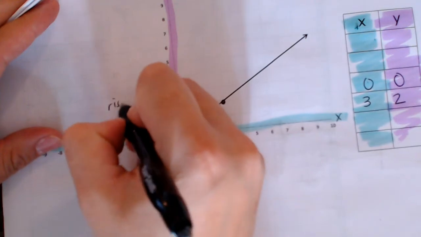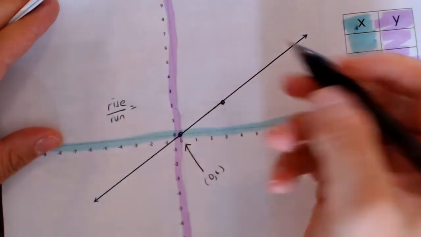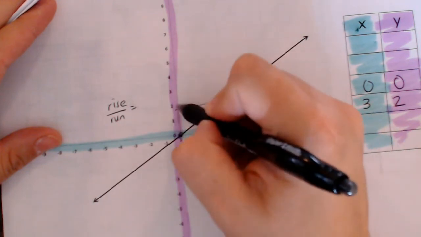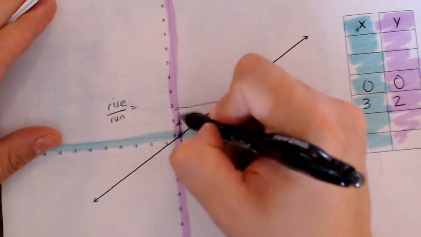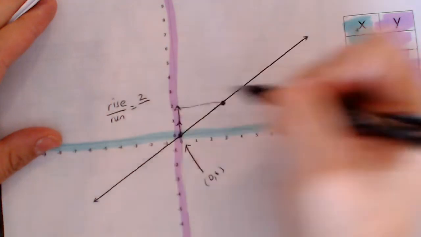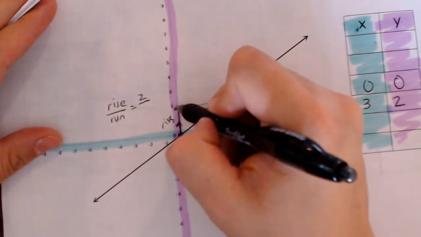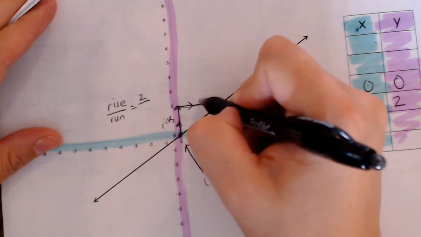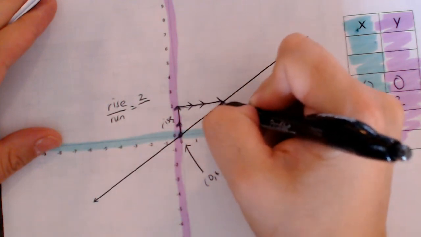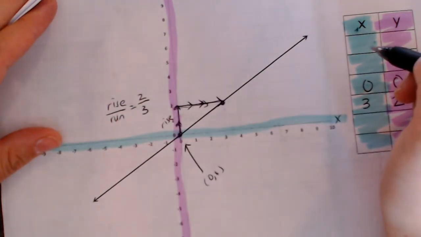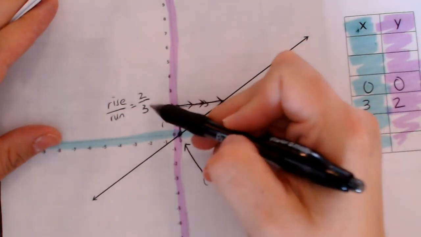So my rise over my run, from 0, so this is where he crosses, I went up 1, 2 units, that's 2. I rose 2 units, and I ran 1, 2, 3. I ran 3 units. So this is my rate.